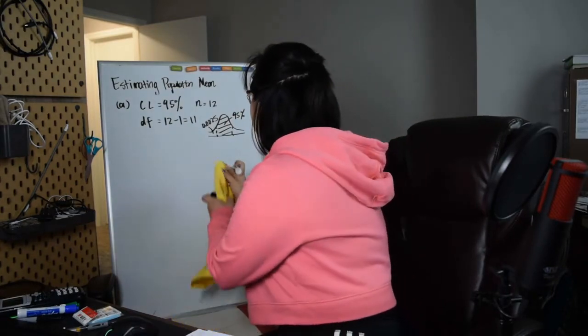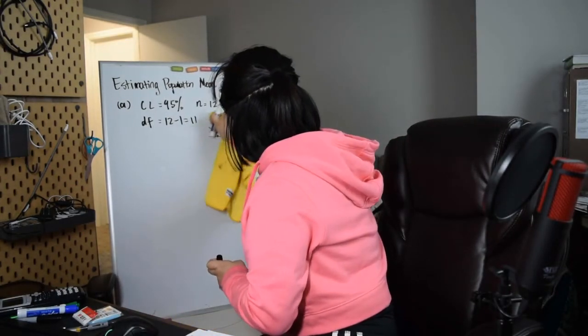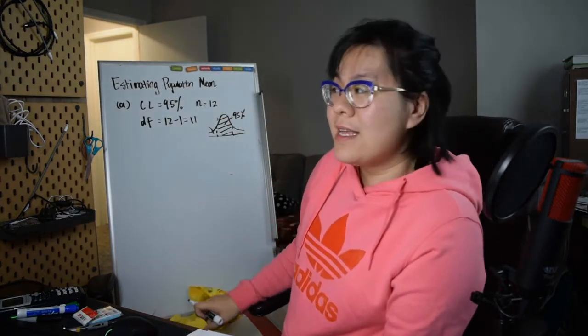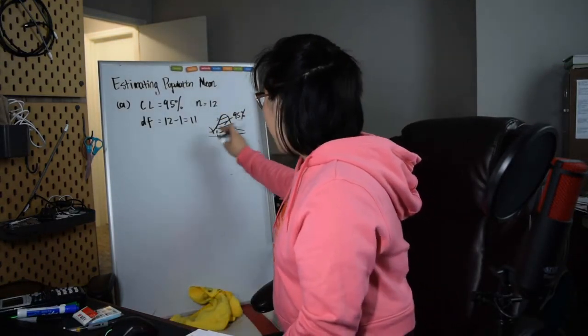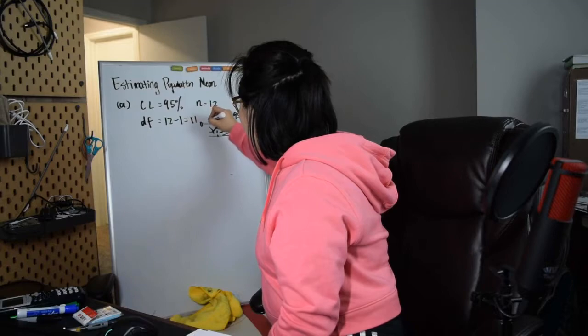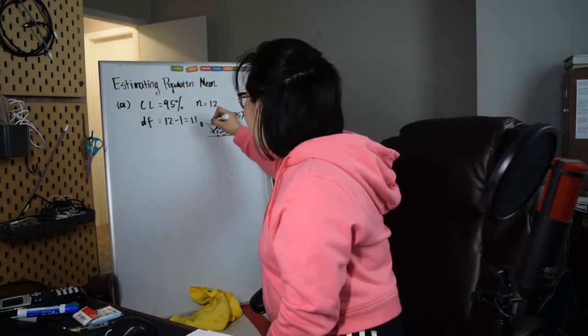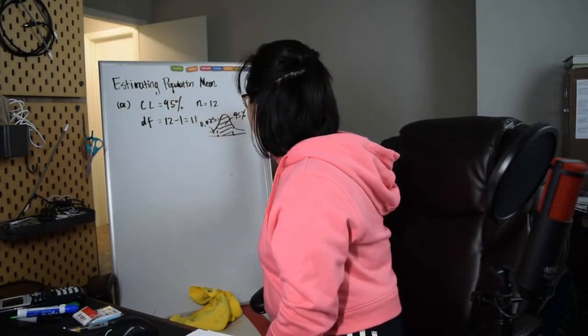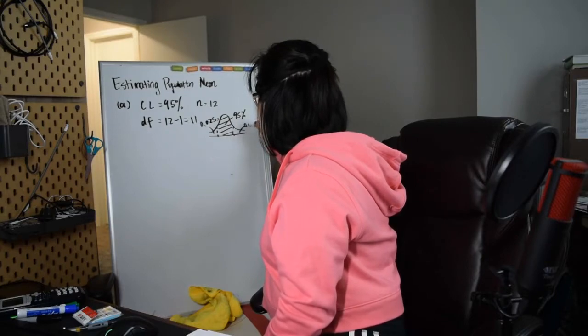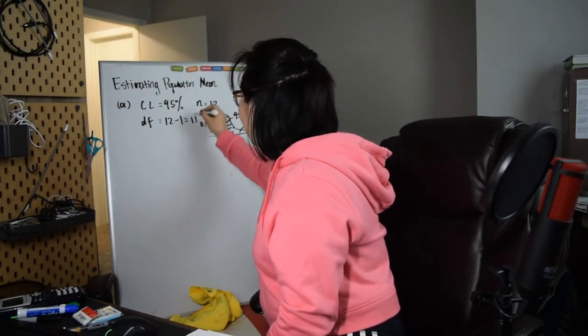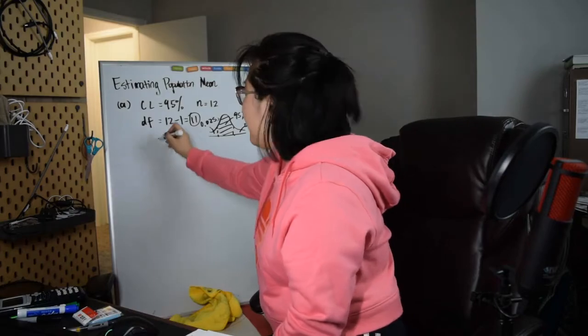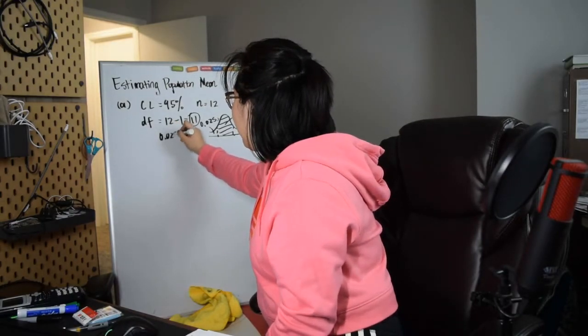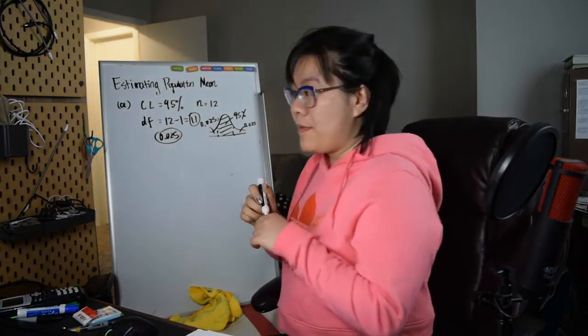Inside is 95%, and then each side will be 2.5%, which is 0.025. So we want to use the degree of freedom of 11 and 0.025 as our probability.